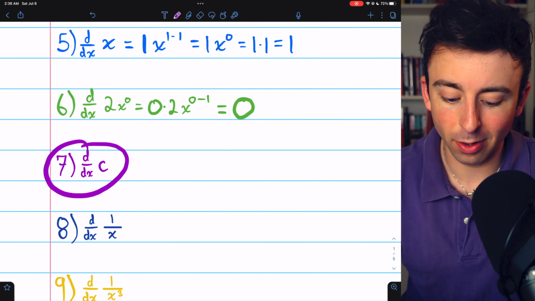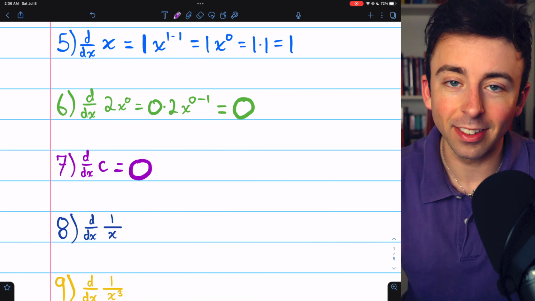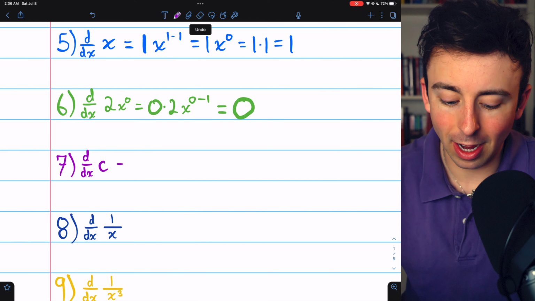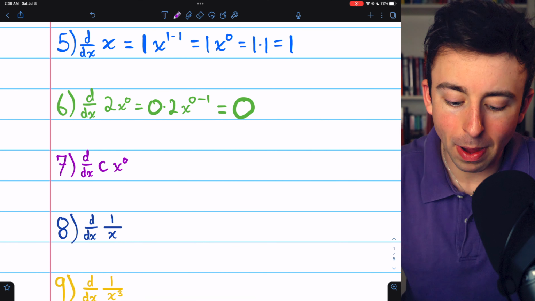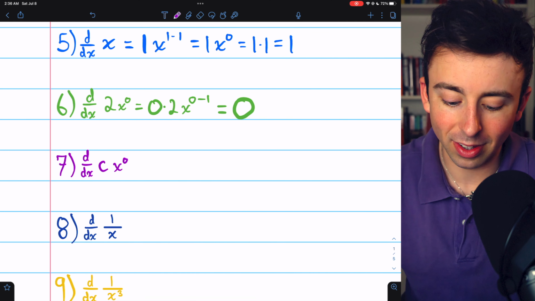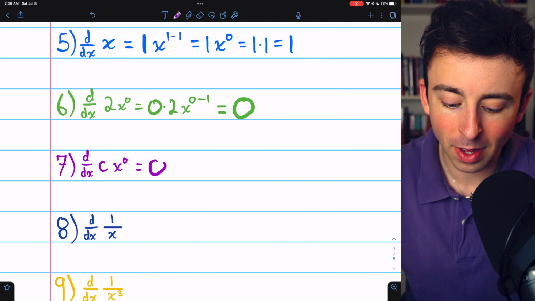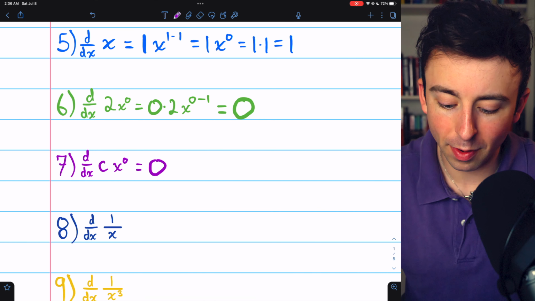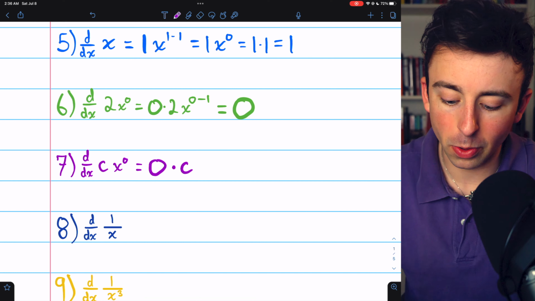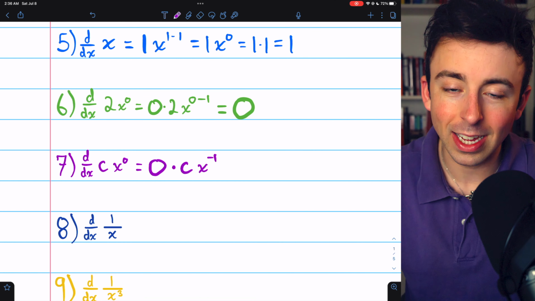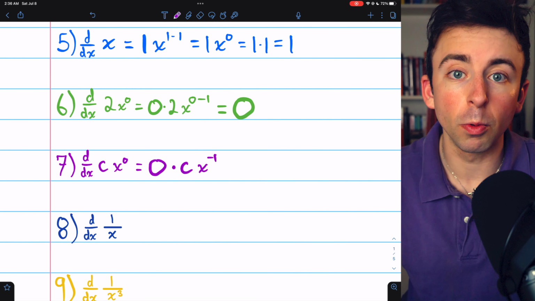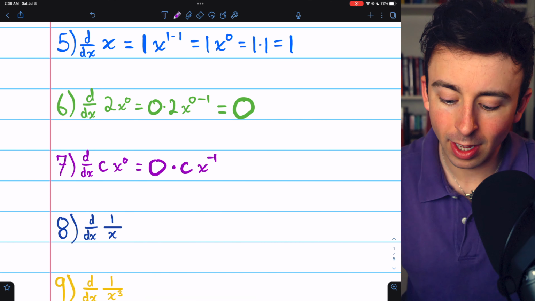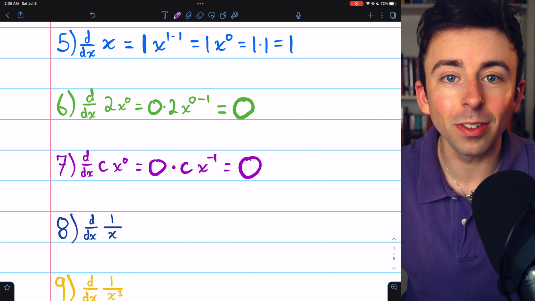Constants don't change, so the derivative of any constant is 0. Again, by the same logic as before, you could use the power rule if you wanted to, though it's certainly overkill here. We would drop the exponent down as a factor, then that's 0 times c x to the negative 1, because we have to reduce the power of 0 by 1, and 0 times anything is 0, so there you go.